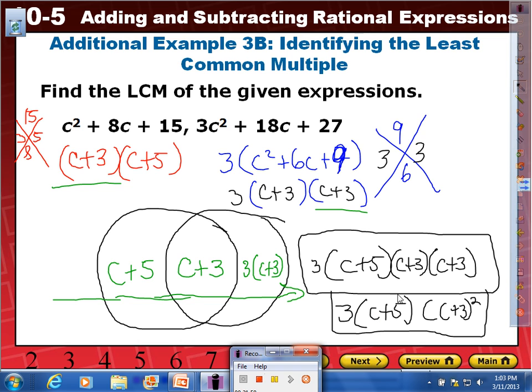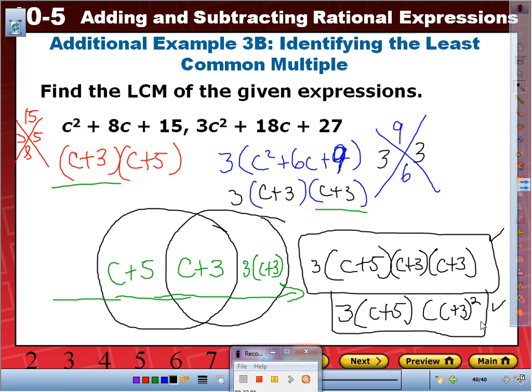I would take either answer, this one or this one. They're both factored all the way. Just leave it factored, because then you're going to end up with the same thing you started with.